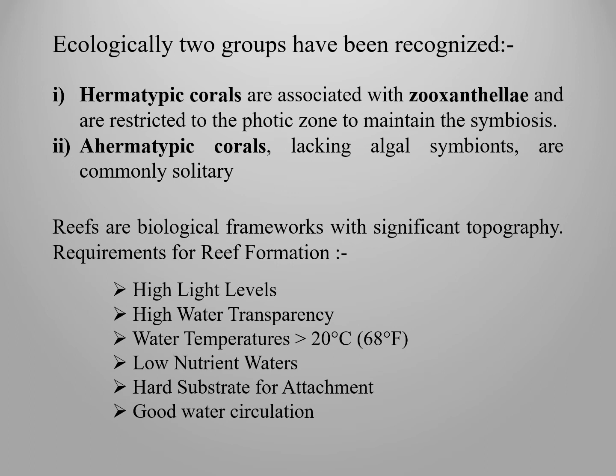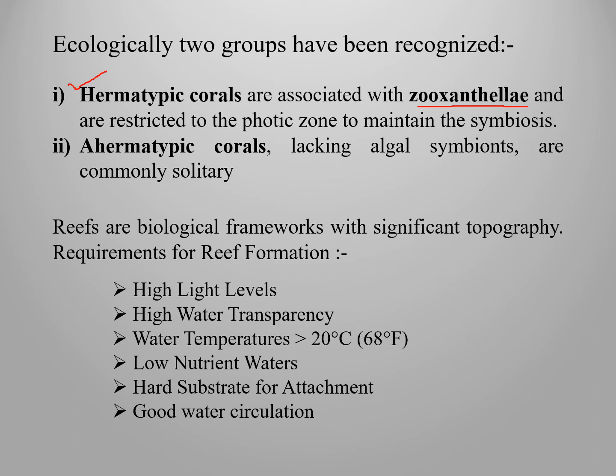That means the corals and these algae are in a symbiotic relationship with each other, and as they occur in a symbiotic relationship, they mostly occur within the photic zone of the water column. These hermatypic corals are the main corals responsible for forming present day coral reefs.